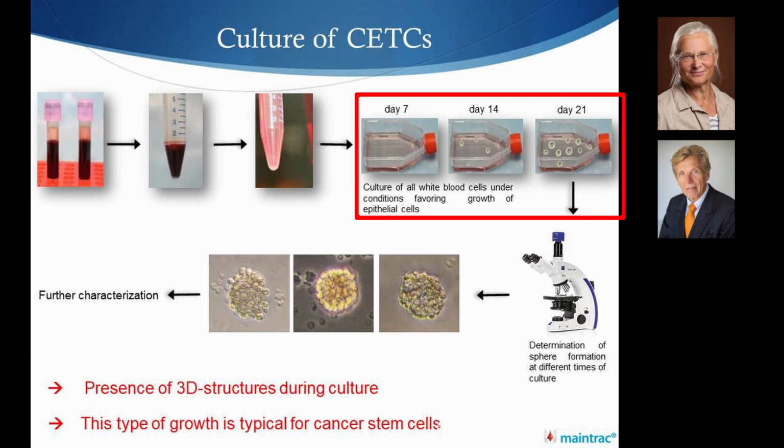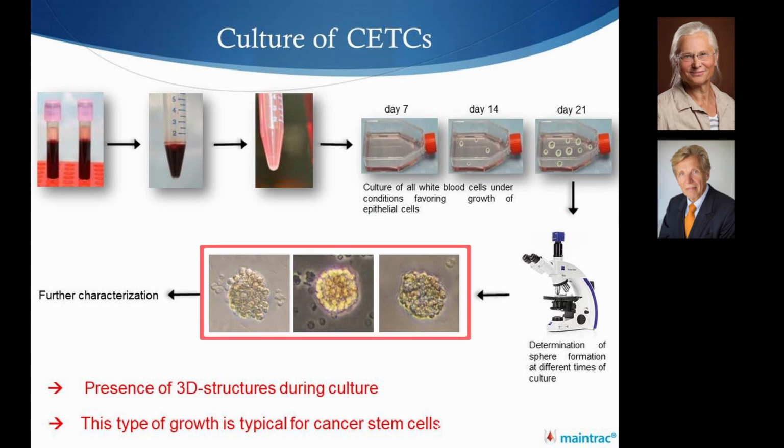In this instance, some of the cells can start dividing and form these tumor spheres. We do not shake the tubes because it's very important that the cells remain at the same position and that we only detect cells that have been dividing and growing into these spheres. This is typical for cancer stem cells.